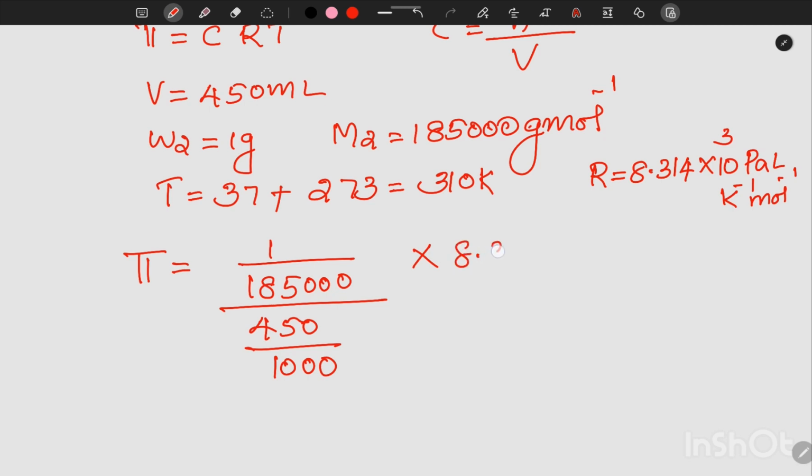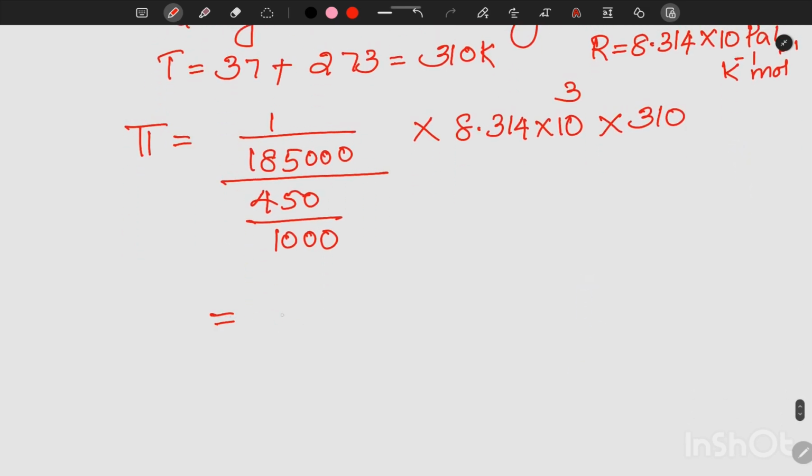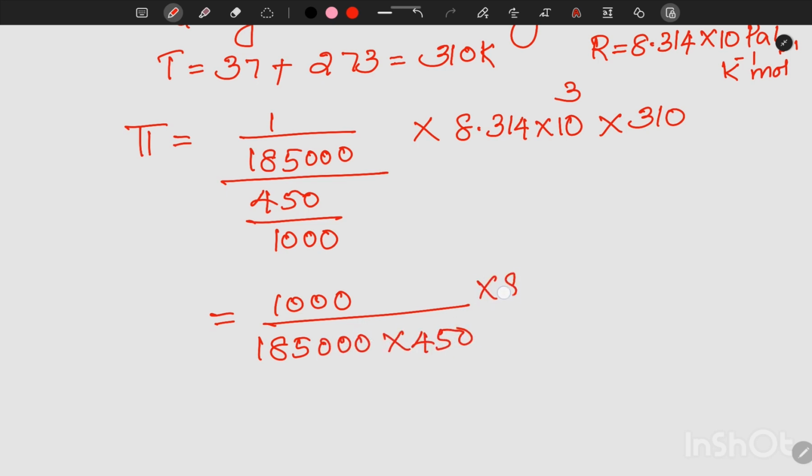We have to give the answer in Pascal and temperature is 310. So 1000 by 1,85,000 into 450 into 8.314 into 10 raised to 3 into 310. That is equal to, when we simplify, we will get 30.96 Pascal.